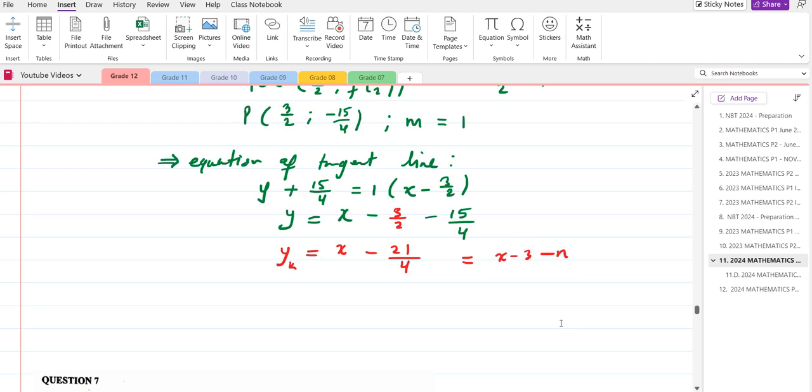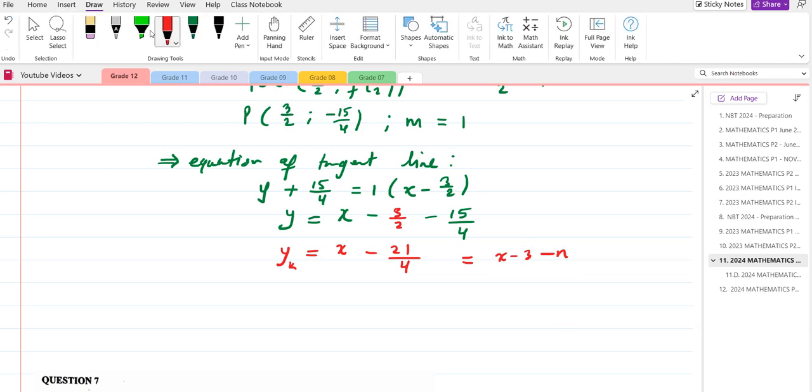What we see is that the x's cancel out on both sides. We can bring the n over and take the 21 over 4 over, so minus 3 plus 21 over 4.